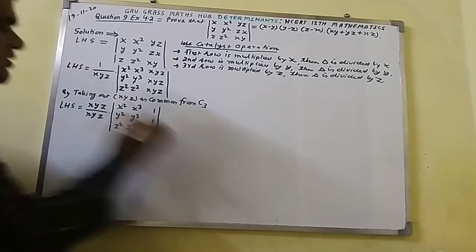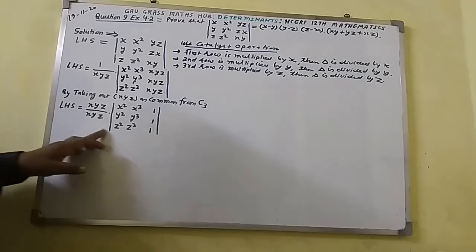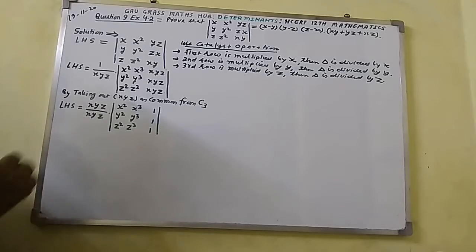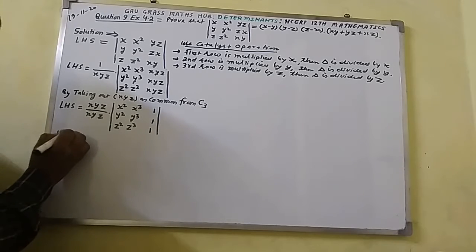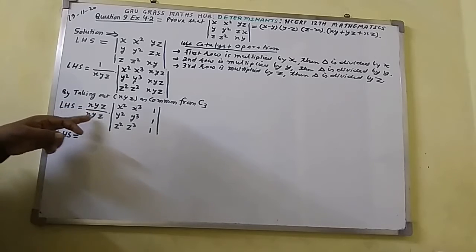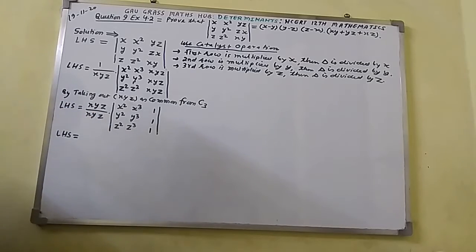This thing you will get. Now, further process will be LHS equal to xyz divided by xyz comes out to 1. This thing is over.